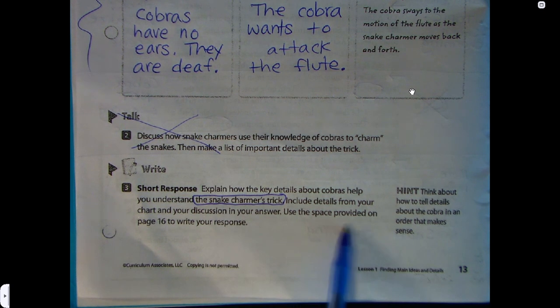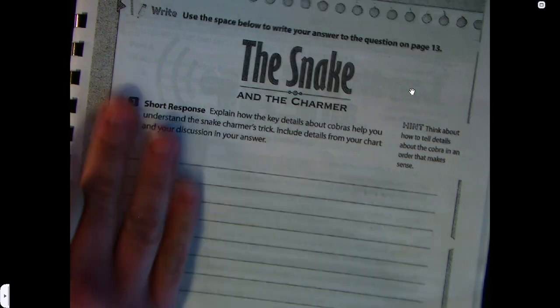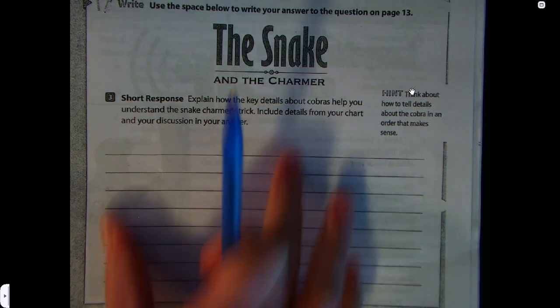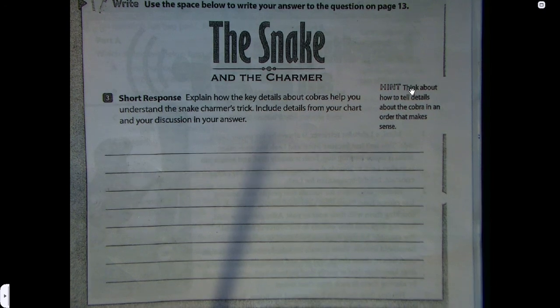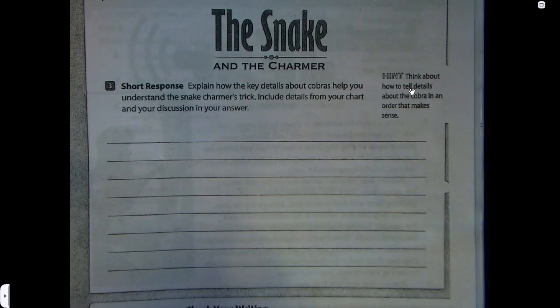Use the space provided on page 16 to write your answer. So again, what are we going to write about? We're going to write about this trick that the snake charmers do. This is the space they gave us to write our answers. Now, the snake charmer's trick is they make it look like they're hypnotizing the snake with their music.